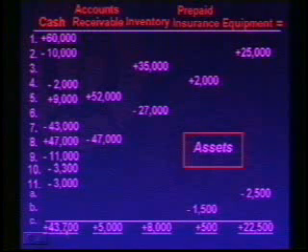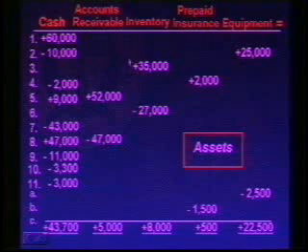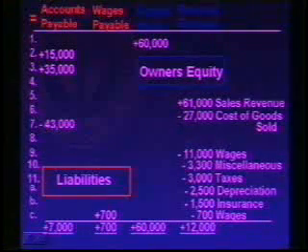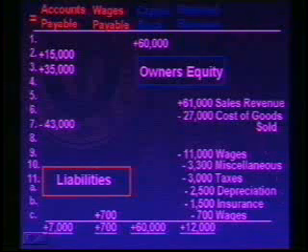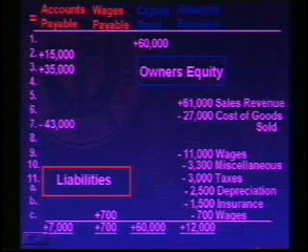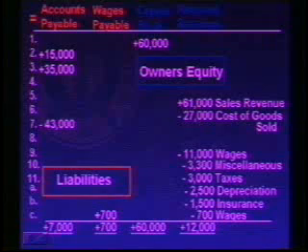Therefore, the beginning balance this year is $43,700. And we have a beginning balance in receivable, inventory, prepaid insurance, equipment. All these things have a beginning and ending balance. But now, as I understand it, Darcy's question is, what about all these expense accounts and revenue accounts that we had last year? What's going on with them? That's a very good question. And here's what's going on.